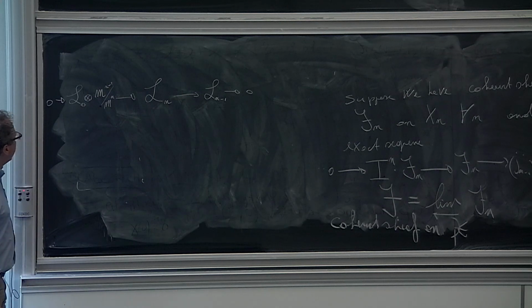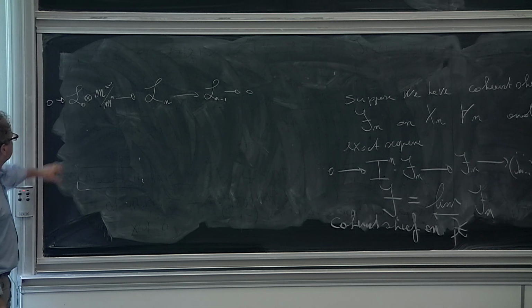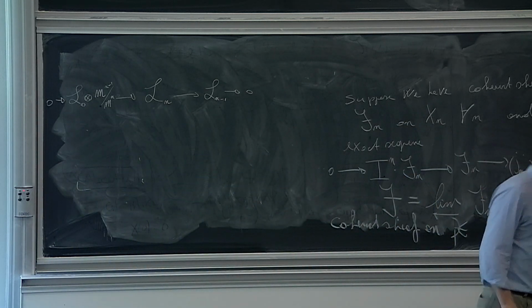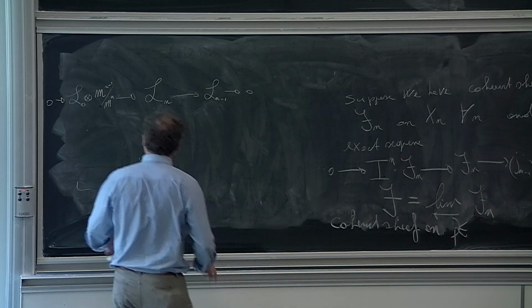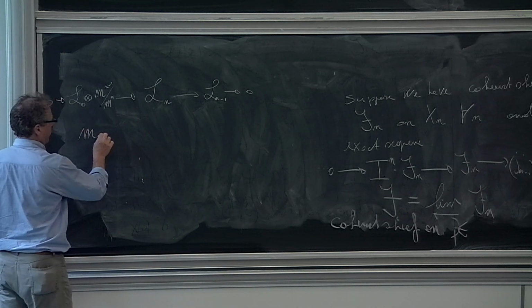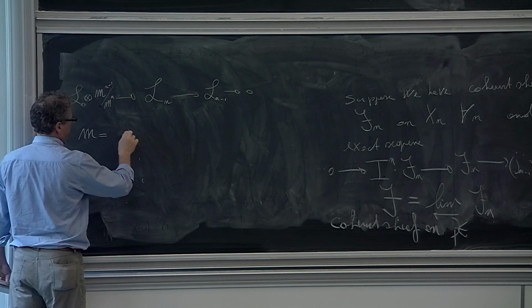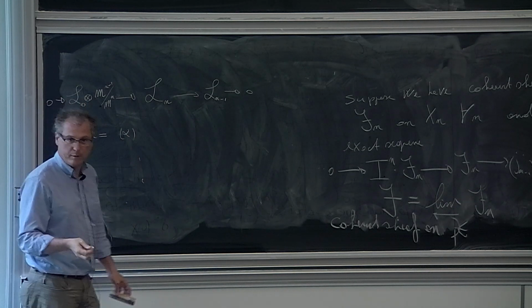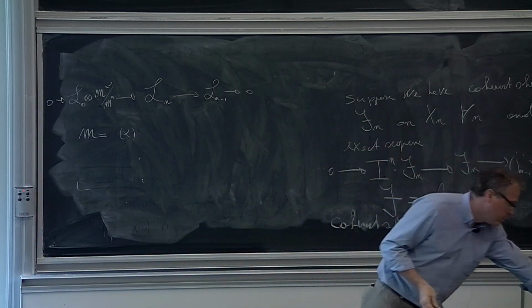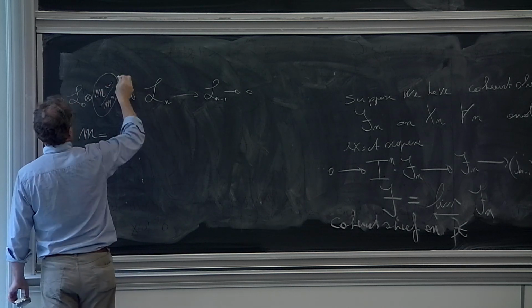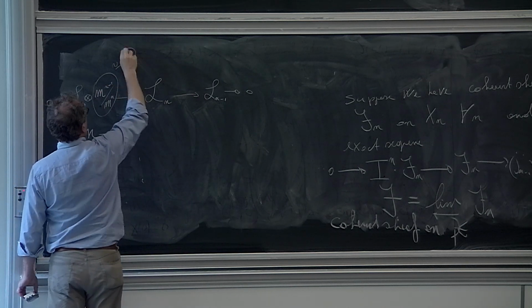And now, to simplify, suppose that M is principal, otherwise you have a small complication. So essentially, this is isomorphic to O_{X0}.